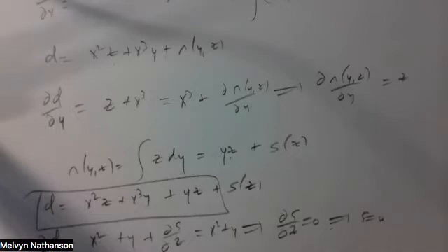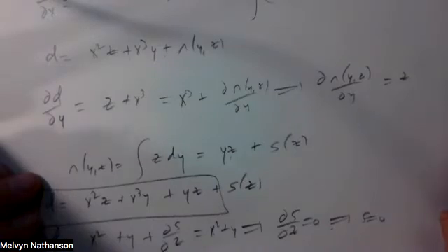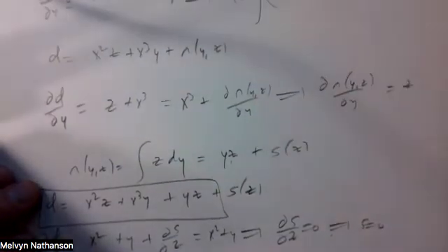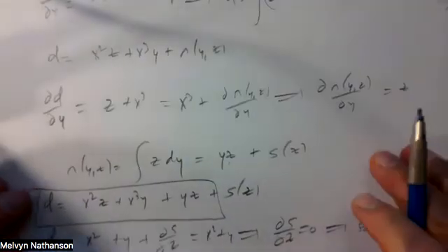So we have vector fields, and now we have the notion of a conservative vector field. Now, one of the fundamental properties of a conservative vector field has to do with a line integral.